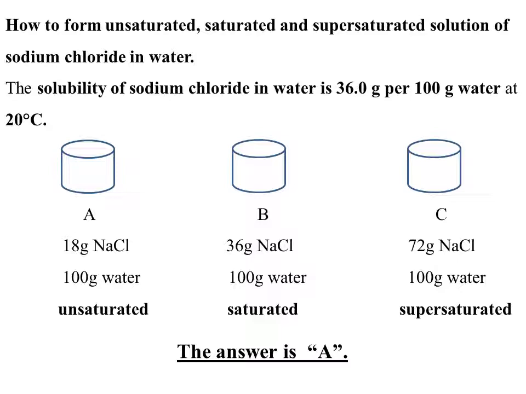We compare A and C relative to B. The amount of the solute in A is less than the amount of sodium chloride, the solute, in B. This implies A is an unsaturated solution, and the amount of sodium chloride in C is greater than the amount in the saturated solution B. This implies C is a supersaturated solution. Therefore, the answer must be A.